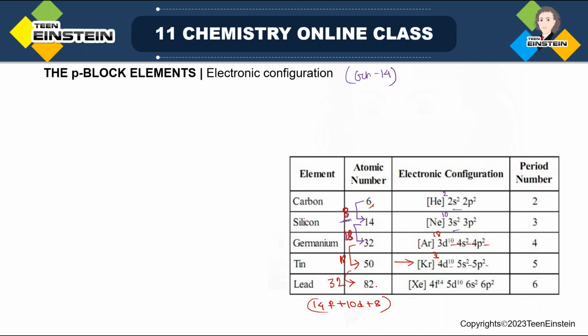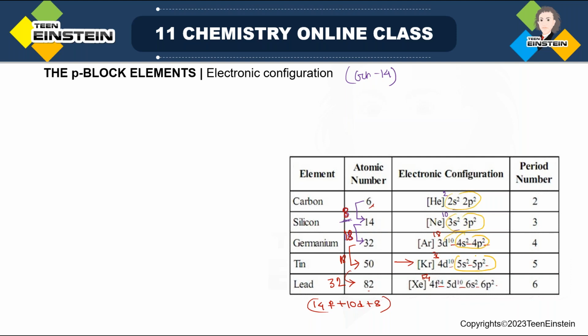Then for lead, 82, the last noble gas is xenon, 54. If you subtract 54 from 82, you will see you have to place these extra electrons. So after xenon, there will be 4f, 5d, 6s2, 6p2. But one thing we have seen which is common, and that is the configuration in the valence shell.